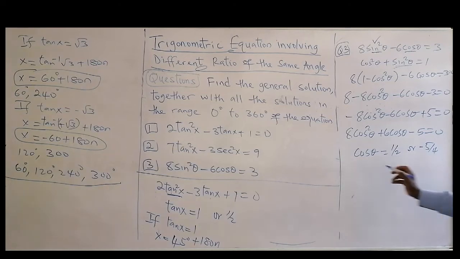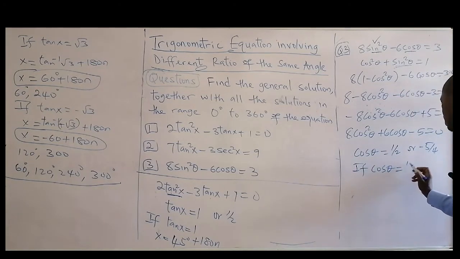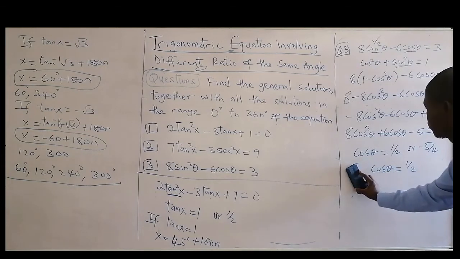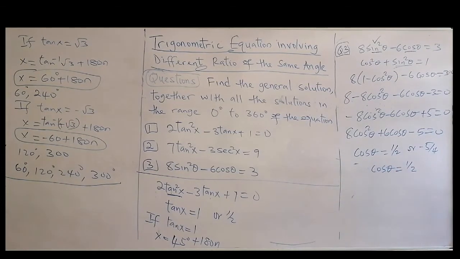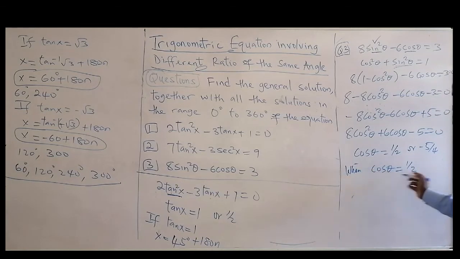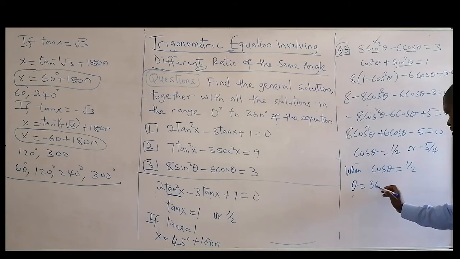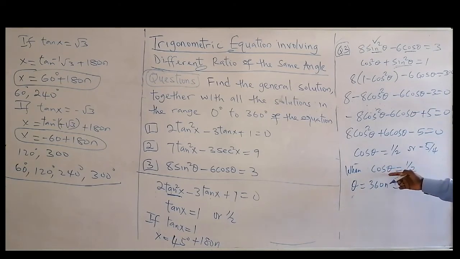So when cos theta is half, the general solution will be theta equal to 360 n plus or minus arc cosine of this value, that's 60.